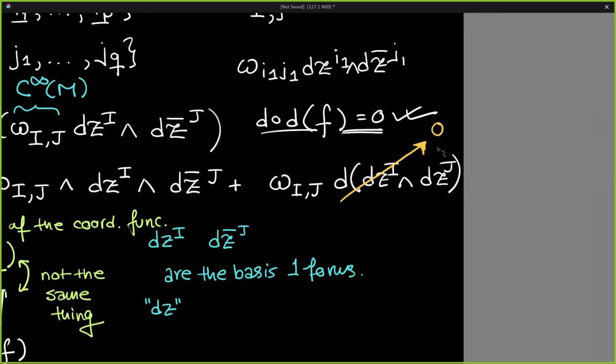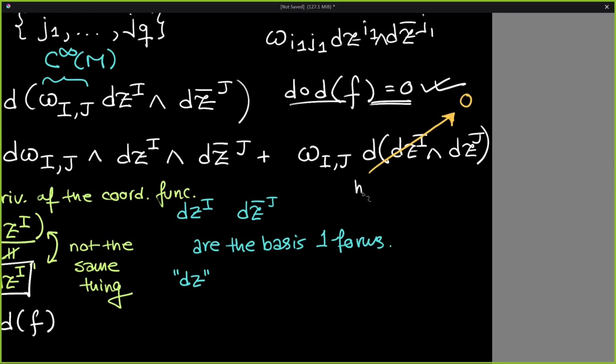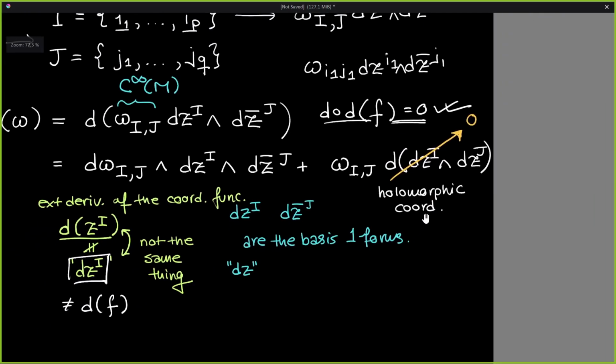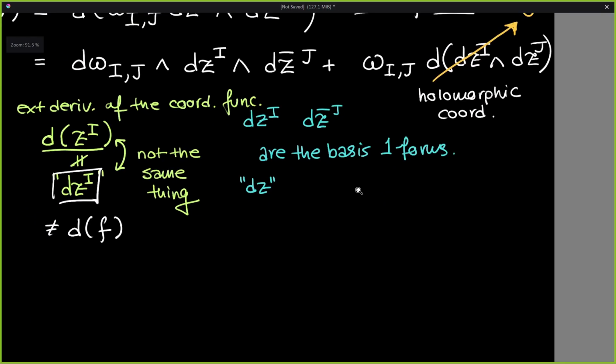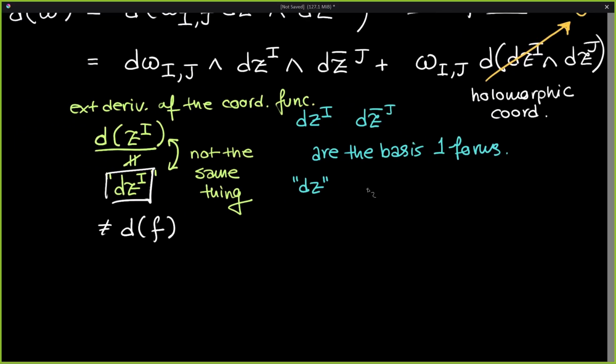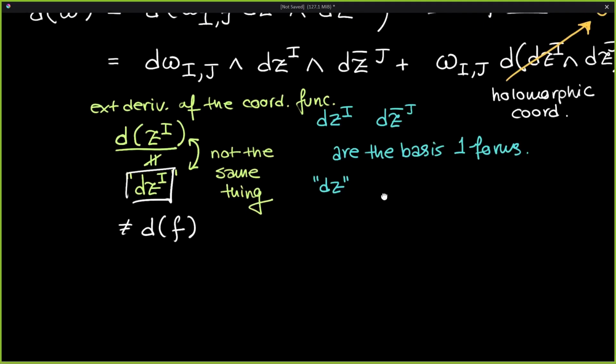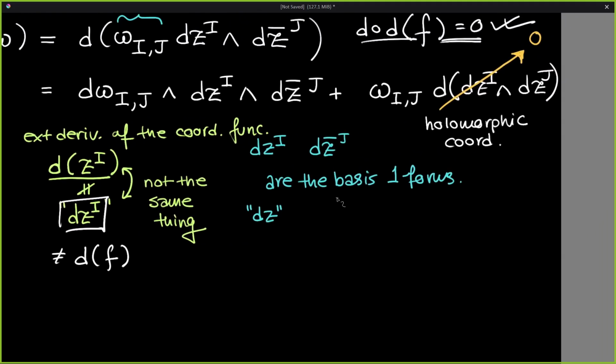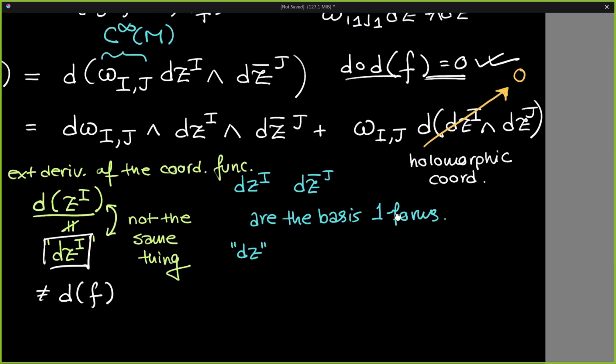So the reason that this is 0 is because of holomorphic coordinates. I hope that point is clear. This is because we have holomorphic coordinates, which is why I was wondering whether or not to introduce this term so early. We've already talked about the closing of the vector fields and so forth. So let me just briefly mention this and say that we're going to talk about this later on when we talk about cohomology.